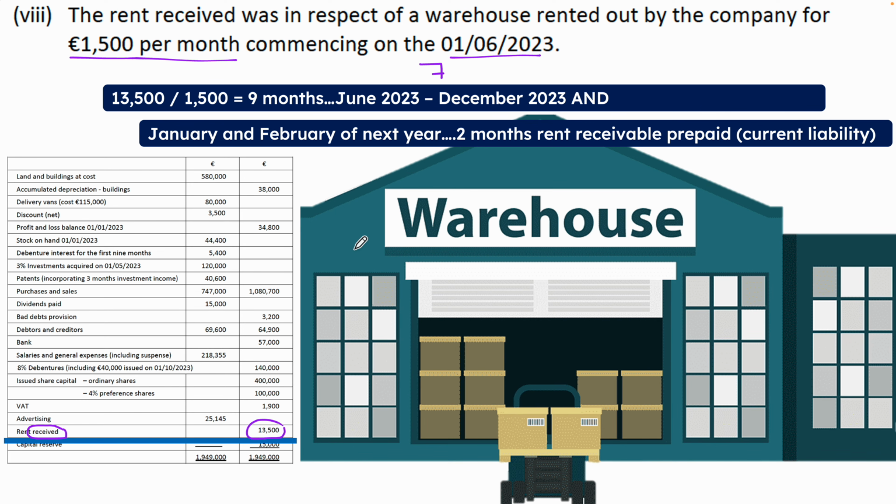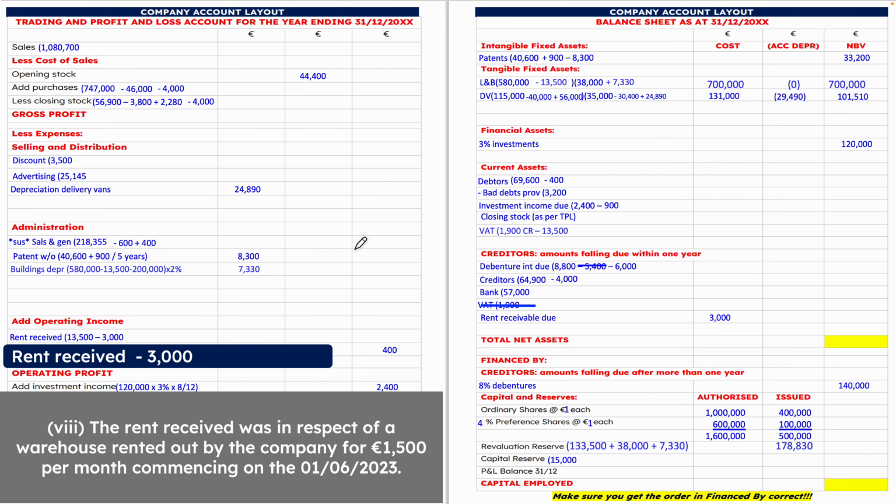Now, how is it a current liability, do you say, when it's money that's coming into you that you've already received? Well, you owe them the use of that warehouse for those 2 months. So therefore it is a current liability. So all you're doing is in the TPL, you're showing, listen, we only have 10,500 of that rent relates to the current year. The TPL, this TPL here, is basically just for this year.